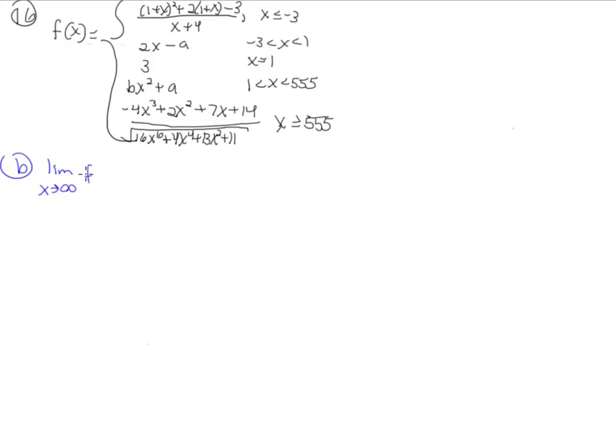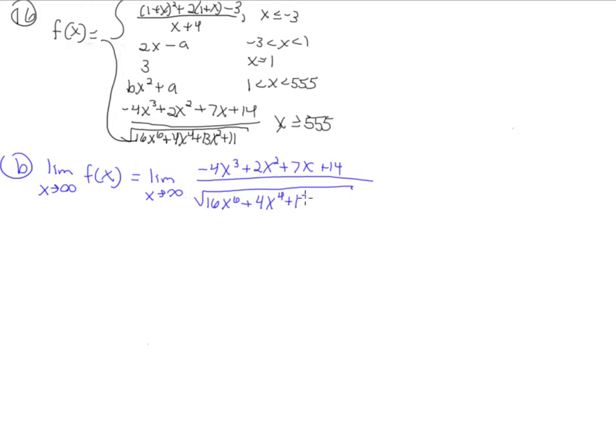Part B, we're asked to find the limit as x goes to infinity of f of x. So infinity will be the last equation. Since this is the limit at infinity, I need to start by finding my end behavior model. So in the numerator, it's negative 4x cubed. Bottom, it's the square root of 16x to the 6.